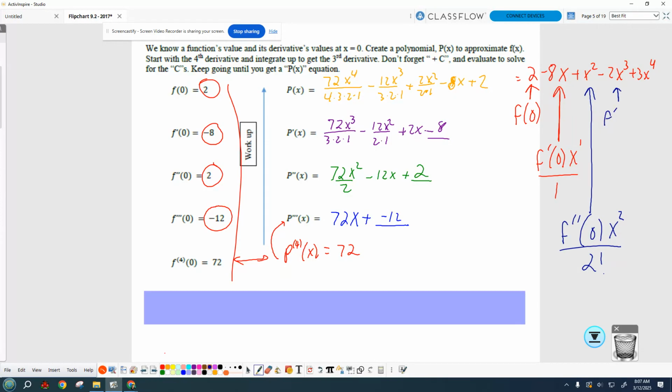The next one was the third derivative, negative 12, x cubed divided by 3 factorial. And this guy was the fourth derivative evaluated at 0, x to the fourth over 4 factorial. There's a pattern.